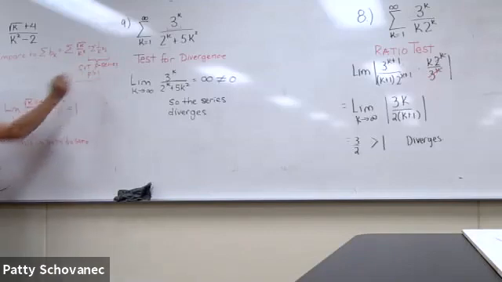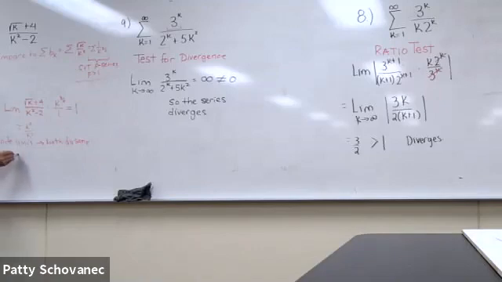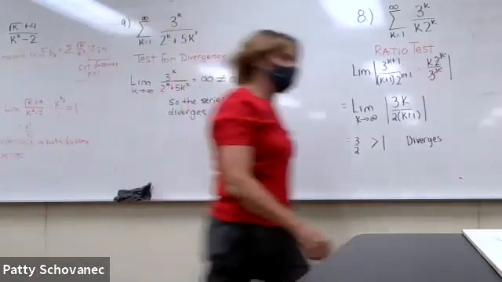So the series converges. Positive finite limit means they follow each other. They either follow each other in a divergent way or in a convergent way. And this one, they both converged.